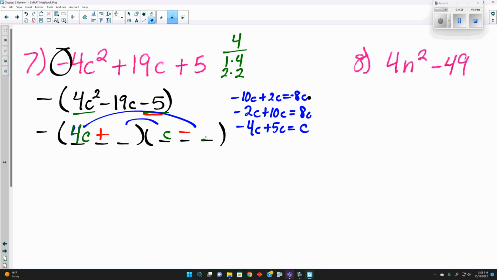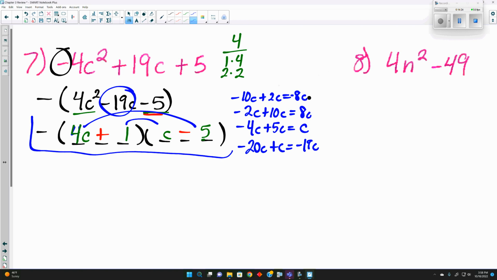So this time I'm going to switch the 1 and 5 and try this here. 4c times -5 is -20c, looking promising. 1 times c is plus c, which gives us -19c. That is indeed what we wanted. So this here is our final answer. And again, we would need to include the negative.